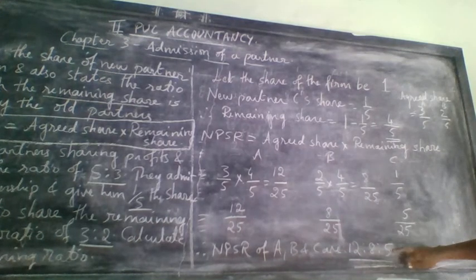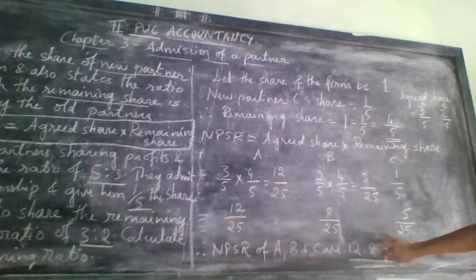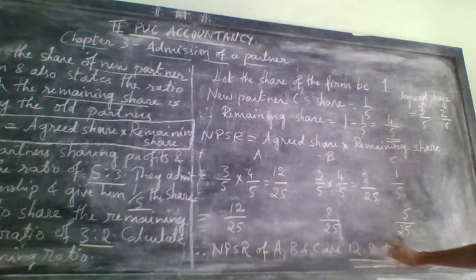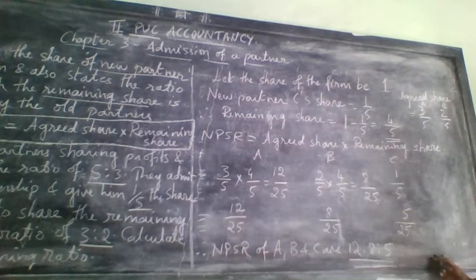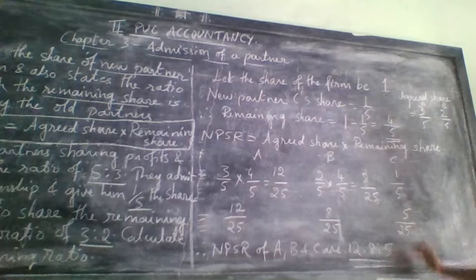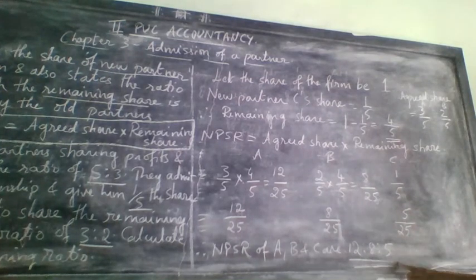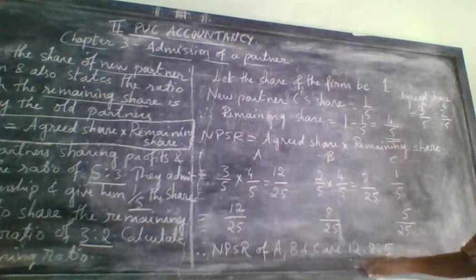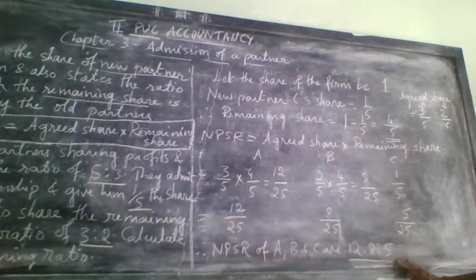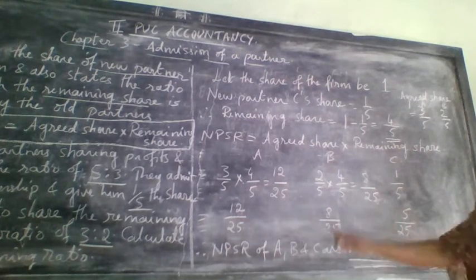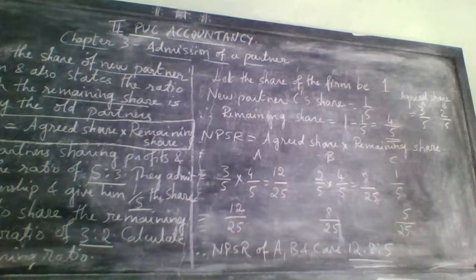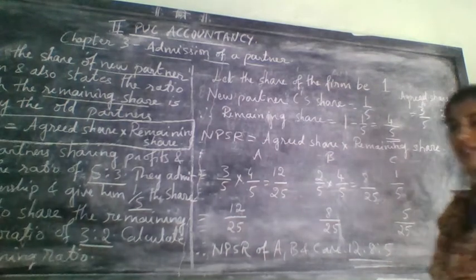But 5 cannot be divided by 2. Only 2 numbers are divisible by one number, so you can't simplify. The rule to write in simplified form is that all 3 numbers should be divisible by one number. It is not at all possible in this case. That's why you need to leave it like this only. That is 12:8:5. This is considered the new profit sharing ratio of A, B and C.